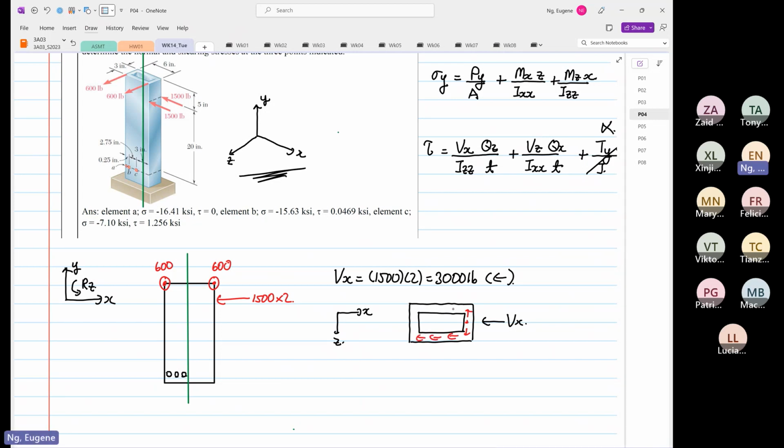So it's a box beam analysis, and down here.